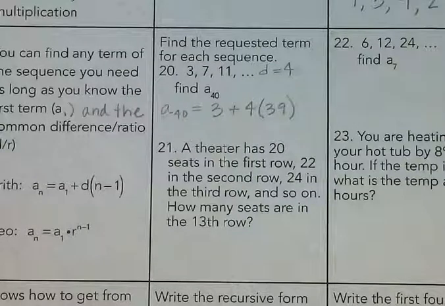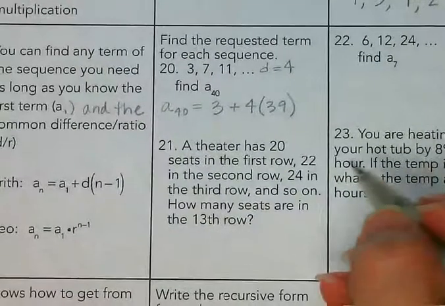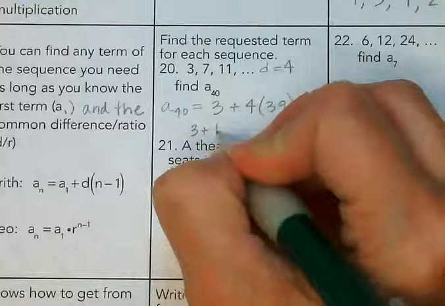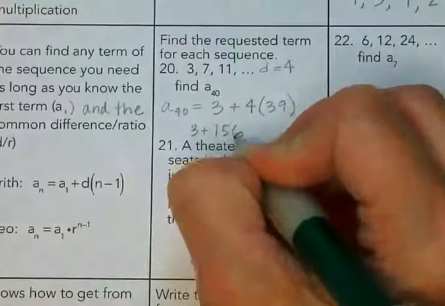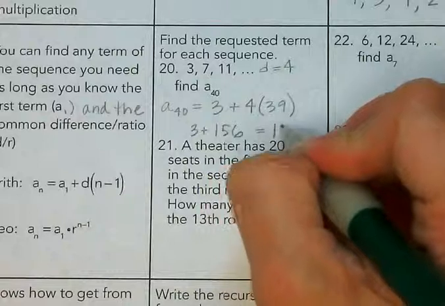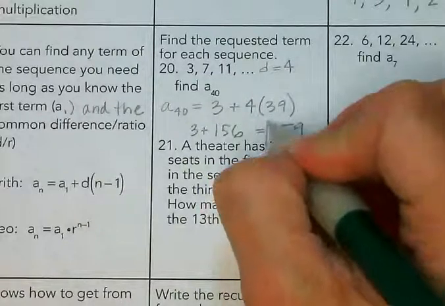So to solve this, we need to do 4 times 39, and then add that to 3. So 4 times 39 should be 156. Plus the 3 where we started, so the 40th term is 159.